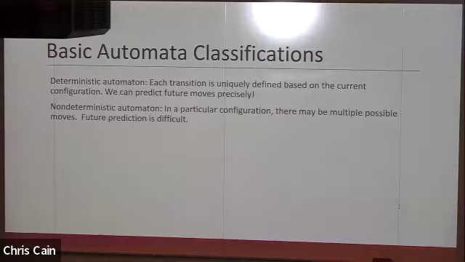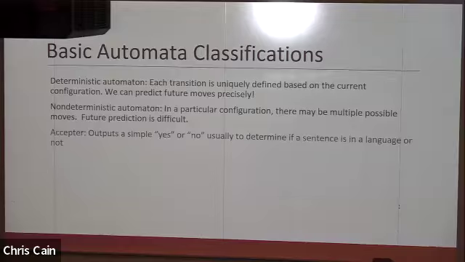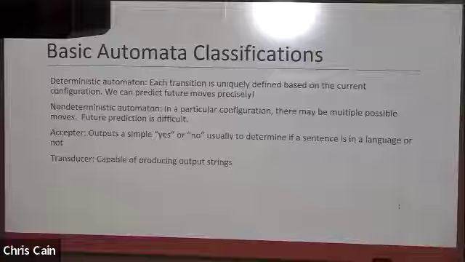So just like there can be deterministic and non-deterministic, there's a concept of an acceptor that just outputs a binary yes or no, accept or reject, and a transducer that produces actual string or numerical output. So this really is just an abstract model of a computer.